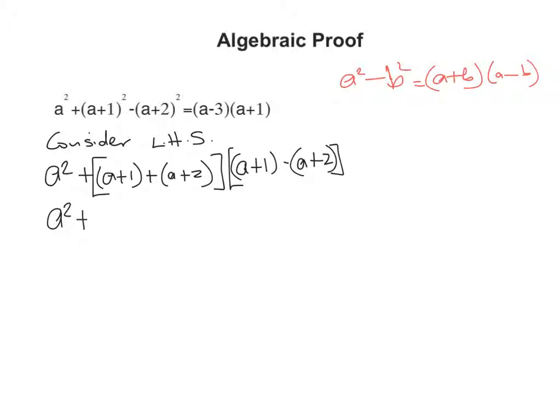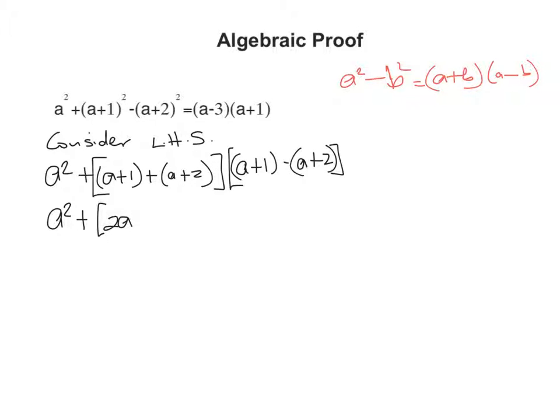So a squared plus, now these brackets are not really necessary in here, but I've put them in here for a reason, because I wanted to prove a point over here. But let's see what happens. A plus a can add, because the brackets don't really need to be there. And so in that big bracket, I'm going to have 2a.